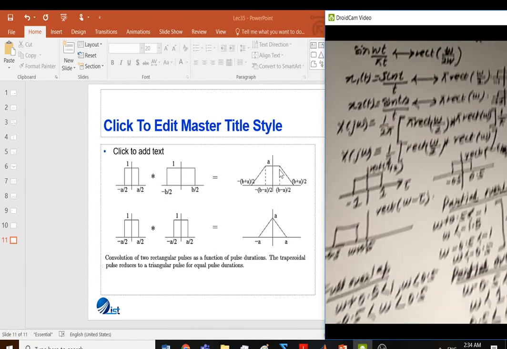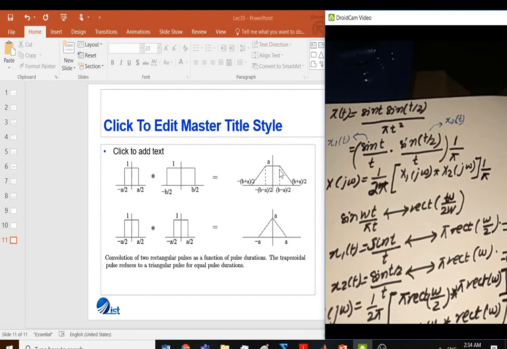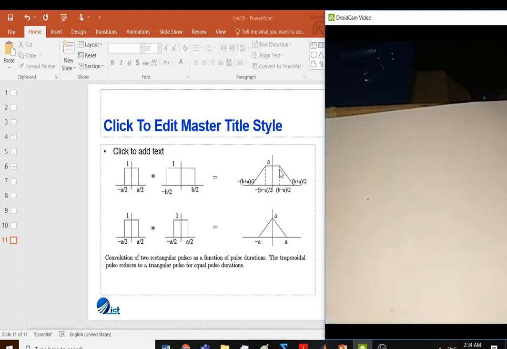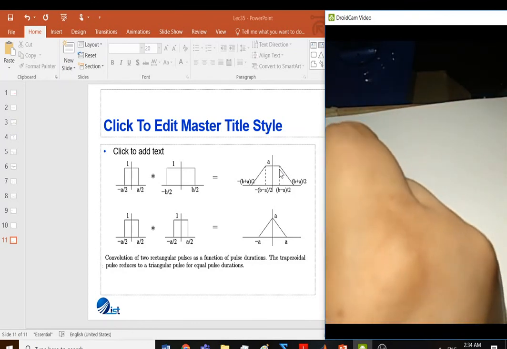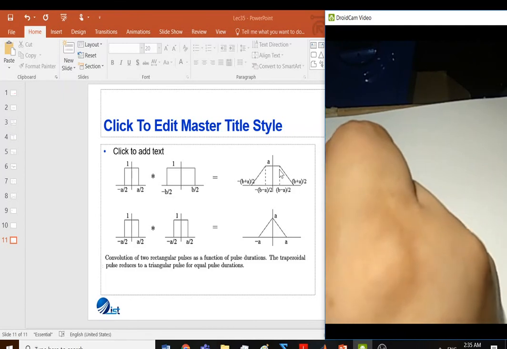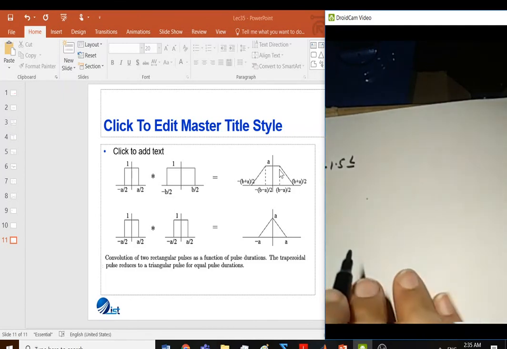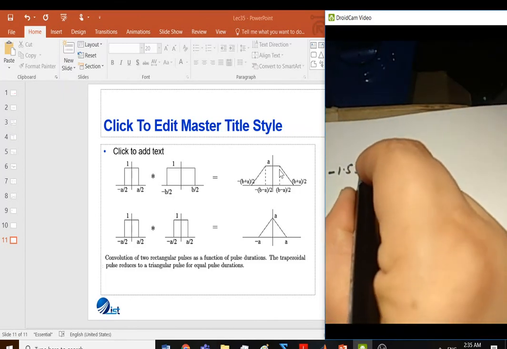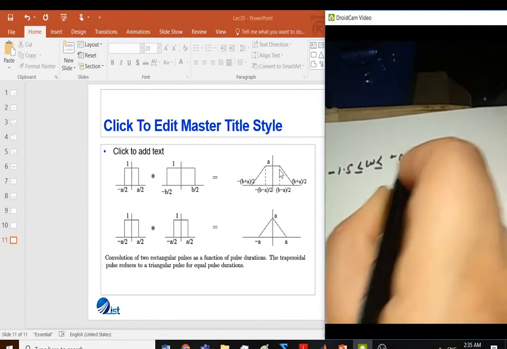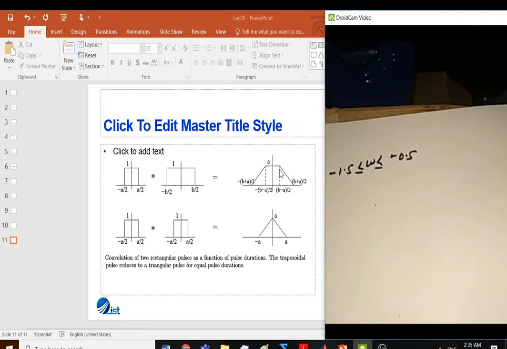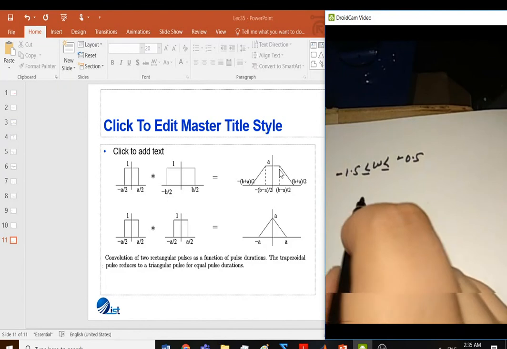Let's use another paper because I am unable to focus this paper. So the three regions, we have the ranges minus 1.5 less than omega less than minus 0.5, and when you make the integral yourself you will know that the integral has a rising waveform.